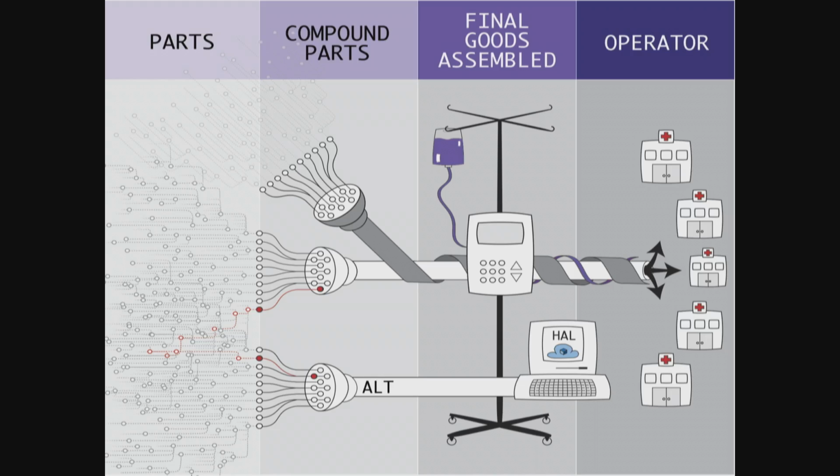Compound parts could be things like a really big open source project like Apache Struts, or a commercial thing like a real-time operating system, or an industrial IoT platform like I build in my job. Then they ultimately get assembled into a final goods assembly, which is purchasable, sometimes regulated.